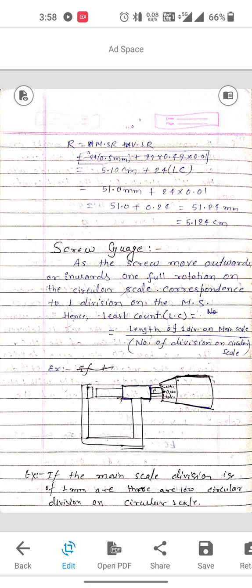Screw gauges. As the screw moves outward and inward, one full rotation on the circular scale corresponds to one division on the main scale. Hence, least count LC equals the length of one division on the main scale divided by the number of divisions on the circular scale.